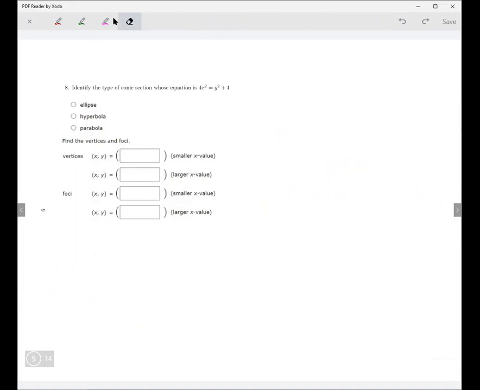Identify the type of conic section that this one is. So what we need to do is get all the squared stuff on the left, and then divide to make this a 1. Dividing everything by 4 gives you this. Because there's a minus there and they're both squared, that's a hyperbola.